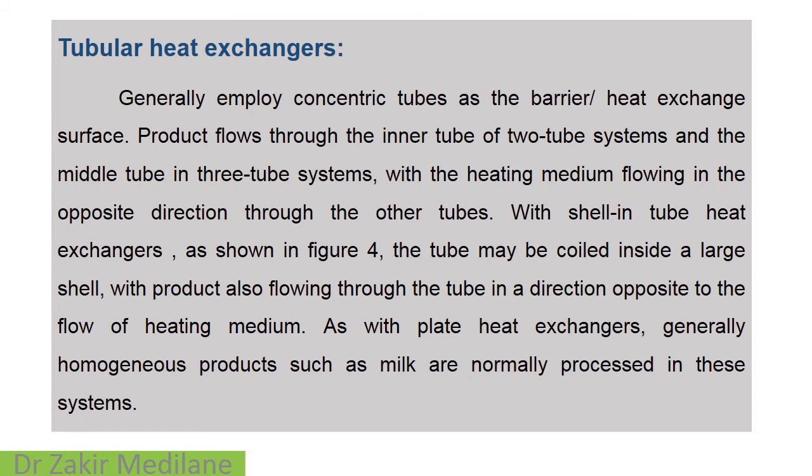As with plate heat exchangers, homogeneous products such as milk are normally processed in this type of system. If you want to understand the tubular heat exchanger better, we can go through the diagram once again to see what is happening here.